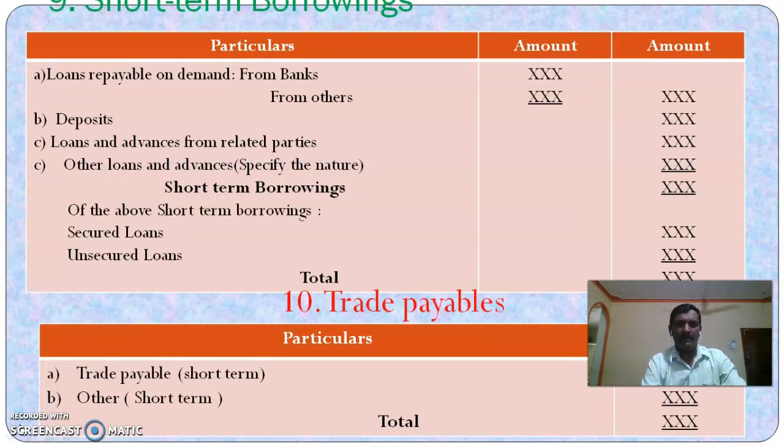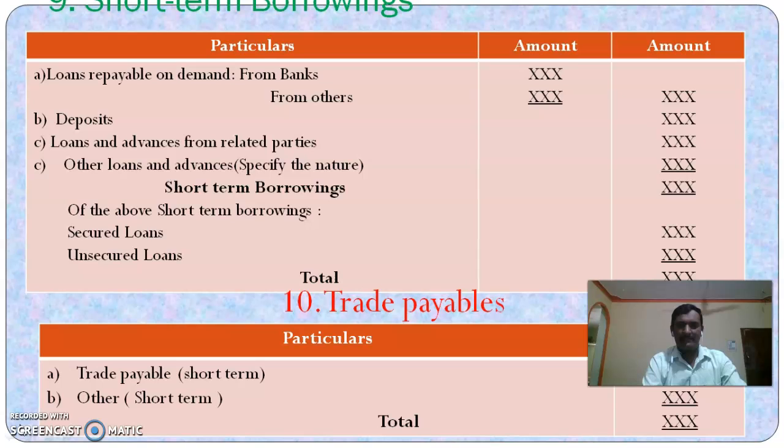And then in current liabilities, we have a first item as a short-term borrowings. Regarding short-term borrowings, the information will be provided like loans payable on demand from banks or from others, and if there is any short-term deposits, that is to be taken, loans and advances from related parties, other loans and advances if any, those all things are to be taken under this note, and these things are to be divided through whether it is a secured or unsecured, and it's to be disclosed in the note, and the total is taken to the balance sheet under the head current liabilities.